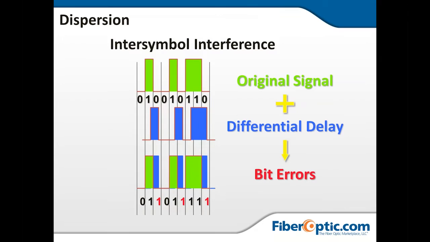Ones get muddied up and zeros disappear. And we start seeing ones instead of zeros. And there's the bit errors that we were talking about in the previous slide. So you can see how quickly the bit errors start up and the links fail.